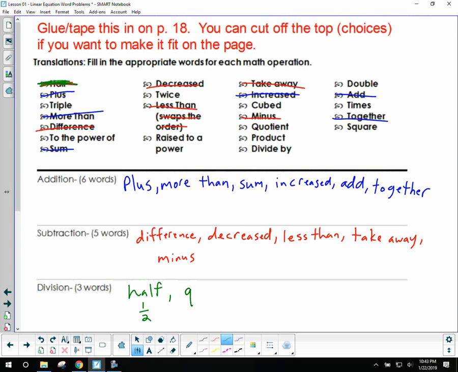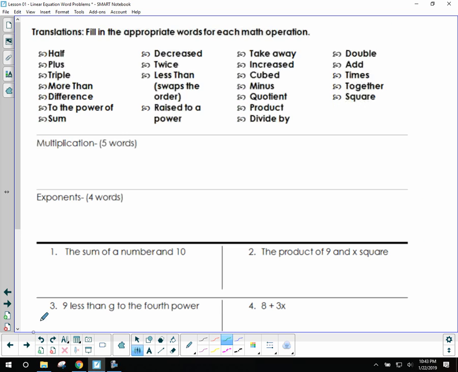So, I think we got all those words down. Notice what we have left. We have triple, the power of, twice, raised to the power, cubed, product, times, doubled, and square. So I'm going to flip the page real quick and let's finish this off. So we already used half, we used plus. Triple would be for multiplication.